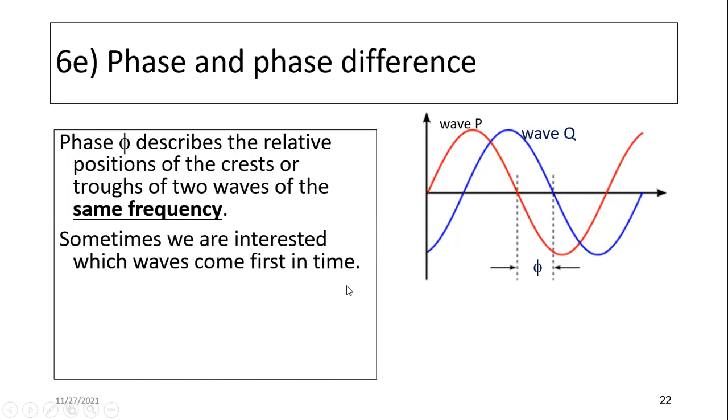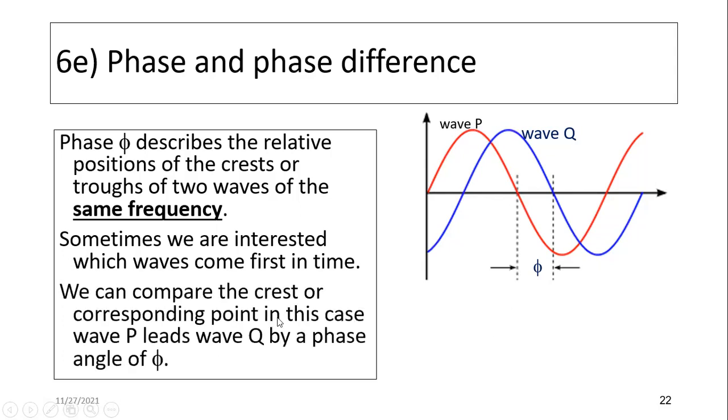Sometimes we are interested in which one comes first. Then we look at the time. That must be a time axis. This one, P, comes first, because it is 0 first. This one is 0 later on. Or this one is maximum first, this one maximum later on. So we can compare the crest or the trough or any corresponding position.